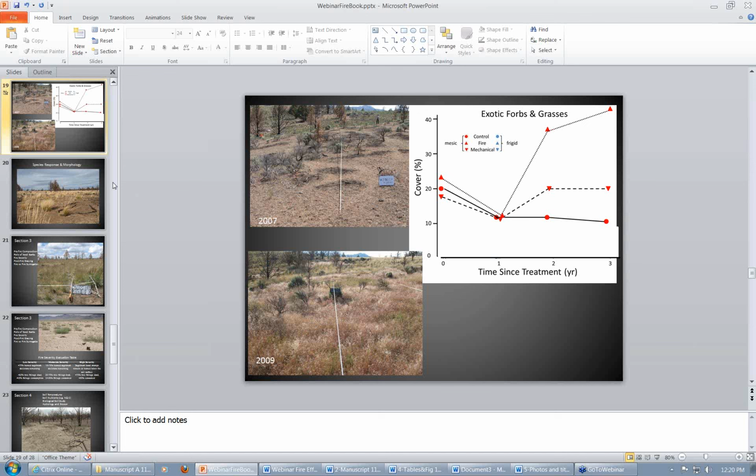And one early work that was kind of impressive by Jim Young in Nevada showed that cheatgrass seed pools were in the thousands per meter squared. So in other words, if you had a plot that was 10 feet square, prior to the burn, they were looking at in the thousands of cheatgrass seed in that 10-foot square.